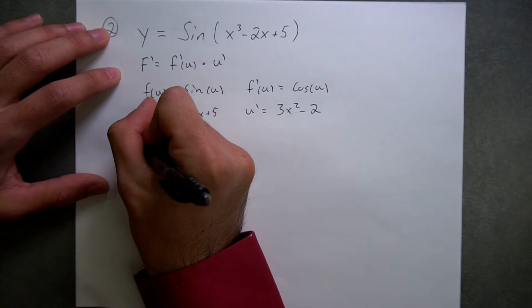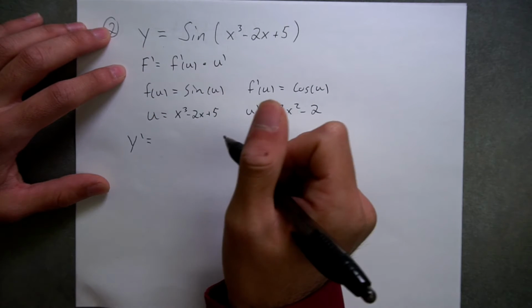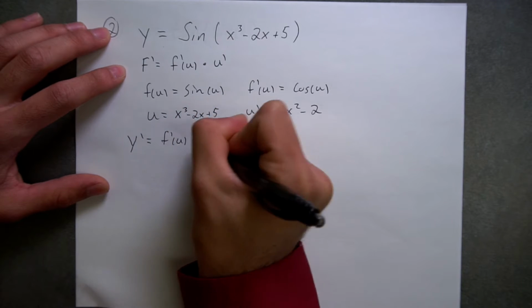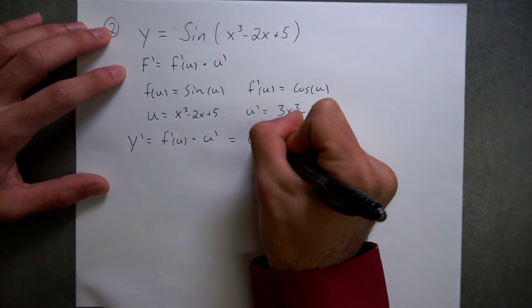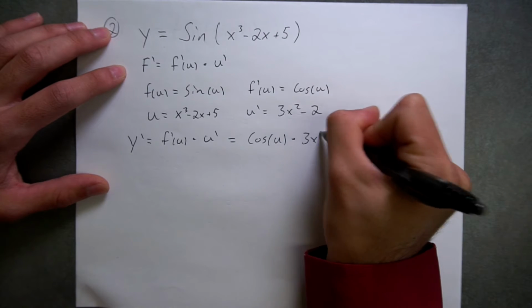So y prime would then be f prime of u times u prime, which is equal to cosine of u multiplied by u prime, which is 3x squared minus 2.